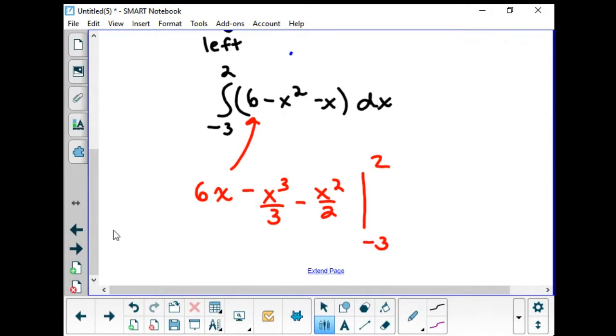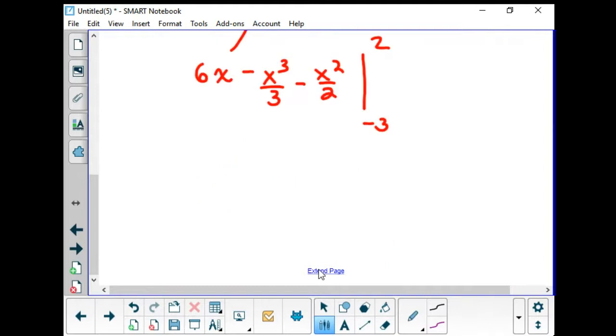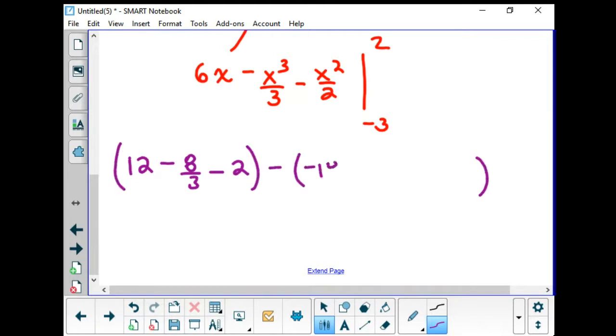I'm getting lazy. I'm not writing the plus c because I know it's going to subtract away. If we're doing the fundamental theorem with my antiderivative, we typically don't write the plus c. And so this is where your calculator work comes in: you've got a 12, you've got minus an 8/3 minus 2, minus negative 18, minus negative 9, minus 9/2.